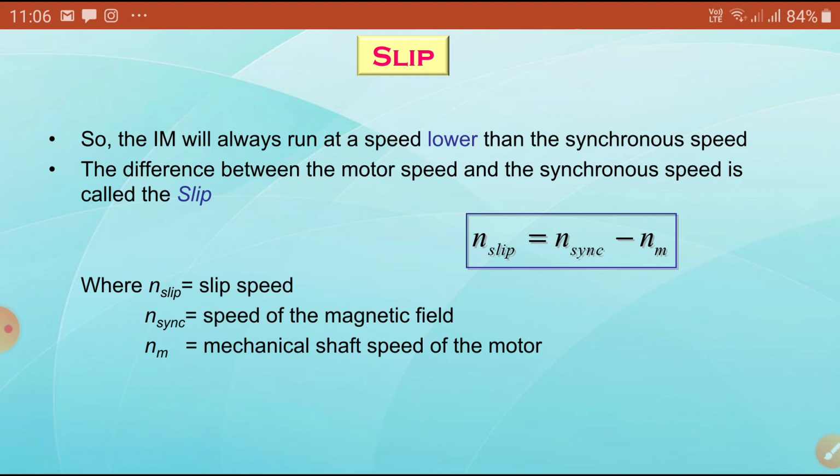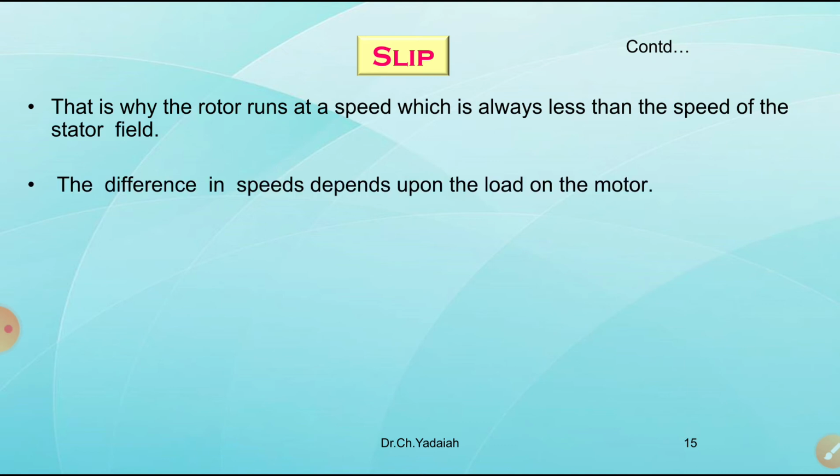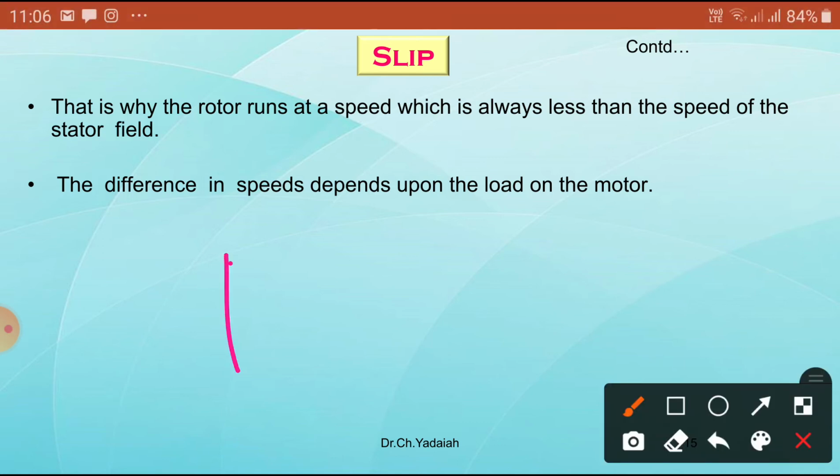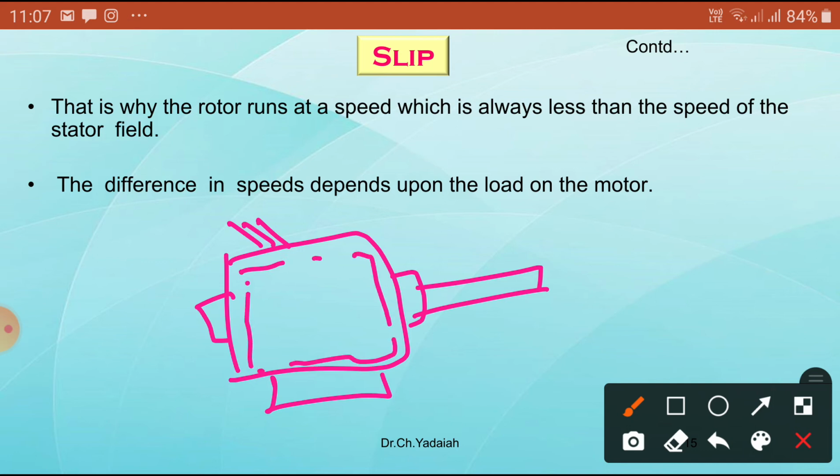Now you can elaborate on this also. That's why the rotor runs at a speed which is always less than the speed of the stator field. The difference in speeds depends upon the load on the motor. So as you know, now the motor is running. What has happened? Now the 3-phase supply is given, then automatically the stator field, that is ns, is running at normal speed.